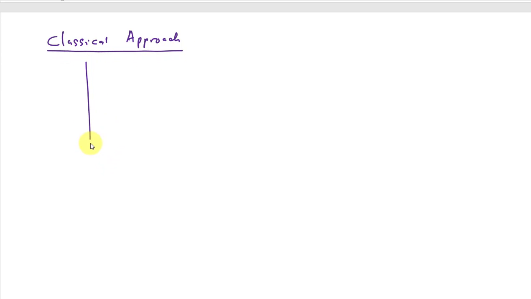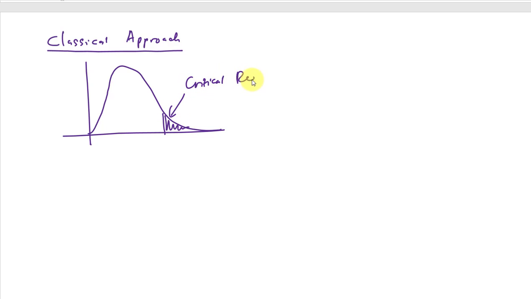We know that this is the chi-square, and the chi-square is not symmetric, right? So this is the chi-square distribution, and this one is the critical region.